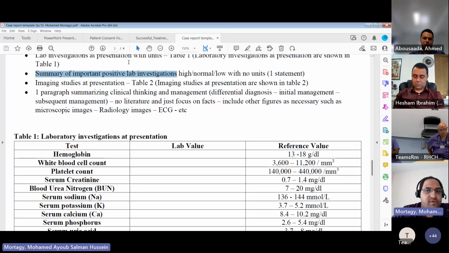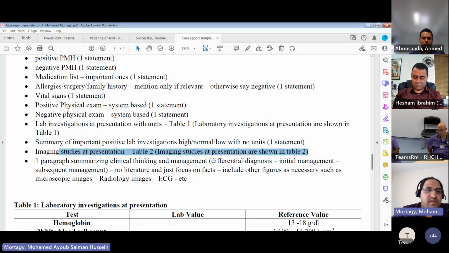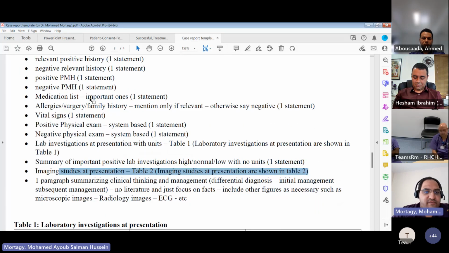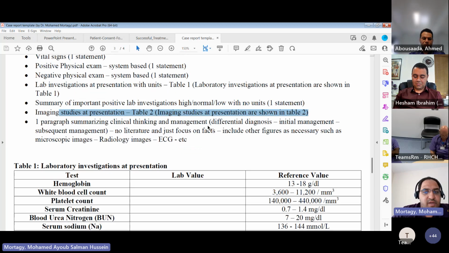Just mention the summary of the positive lab findings, high, normal, low. Okay. Mention your imaging studies again in a table. So that will be your case presentation: history, and then vital signs and examination, summary of lab, and radiology or figures if there's any biopsy or histology.